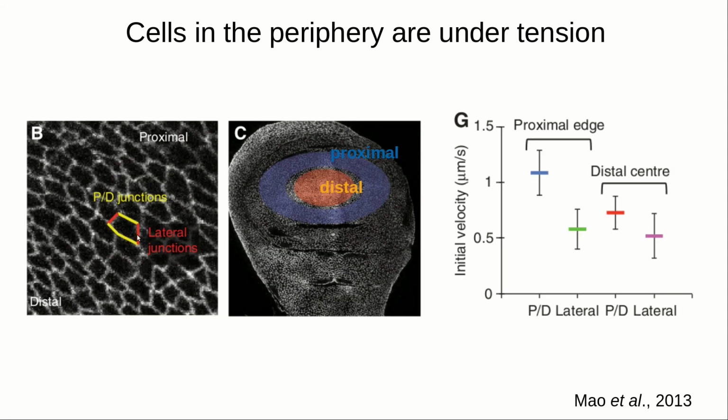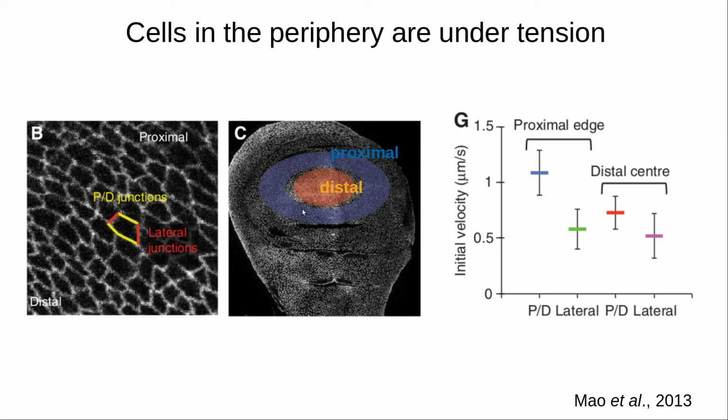So they perform laser ablations for junctions in different orientations, the ones that are lateral and the ones that are proximo-distal, which are the yellow ones. And they do this in the proximal part of the wing, which is the blue one, the periphery, and in the distal part, which is the center of the disc.